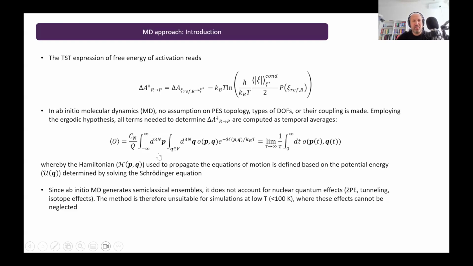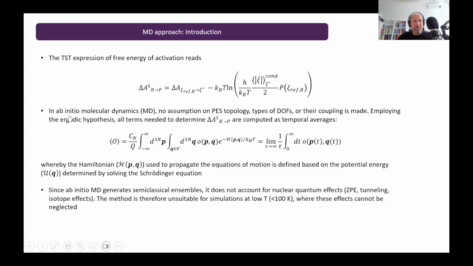So instead of explicitly computing averages over all configurations and phase space points, we instead compute temporal averages. And all quantities that we need to compute activation free energy via this formula are one way or the other expressible as ensemble averages. So this will be the working formula for expressing all these terms here.